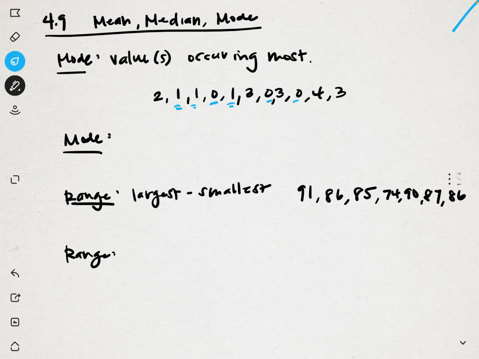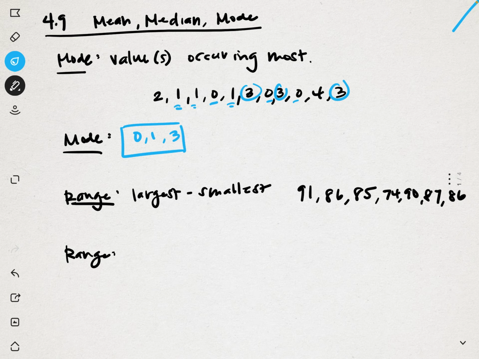There's also 3 zeros and also 3 threes. So for this one we have 3 modes. Our modes are 0, 1, and 3, because they all have 3 occurrences of that number.